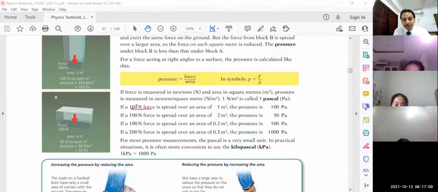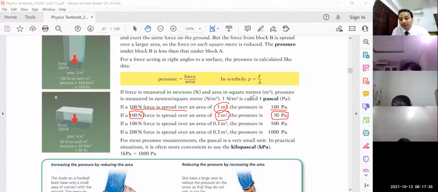If 100 Newton force is spread over an area of 1 meter square, they have calculated the pressure is 100 Pascal. In the second situation, they have kept the force constant. The same force is acting, but now they have increased the area of contact.